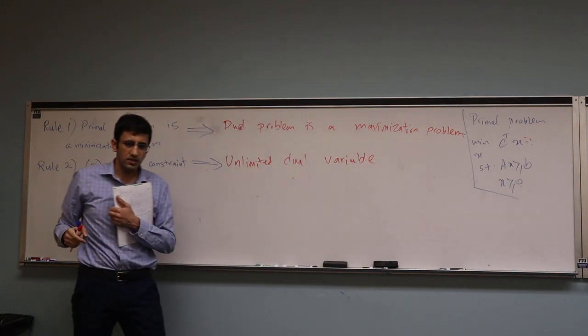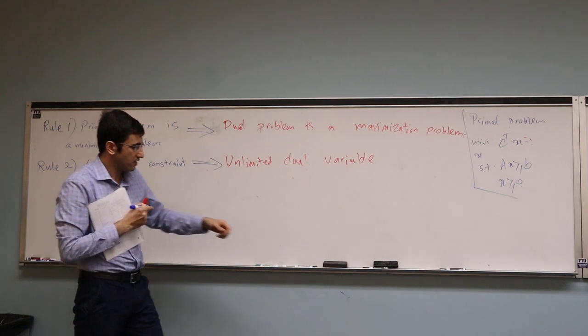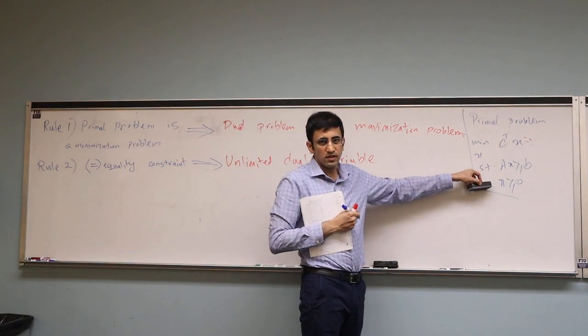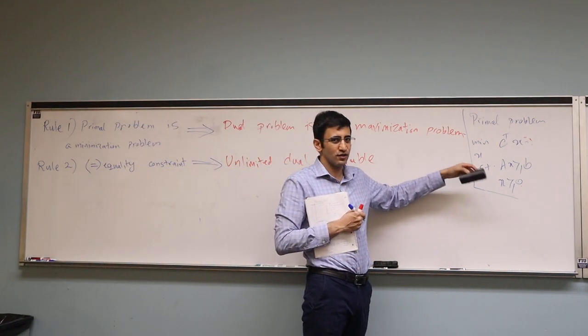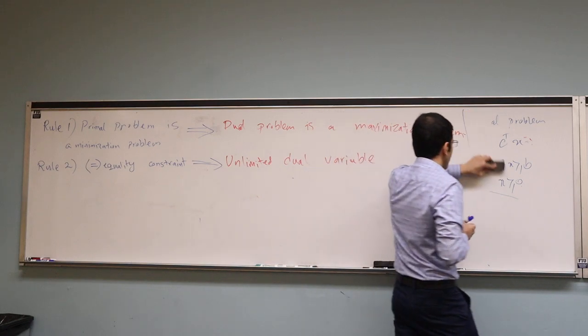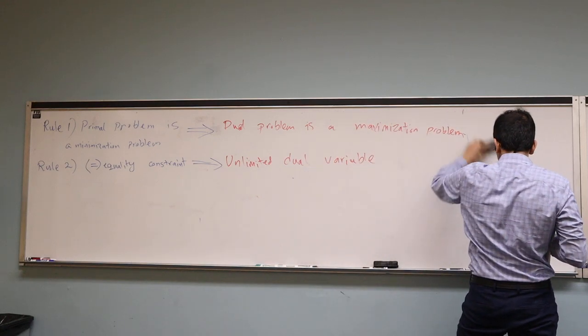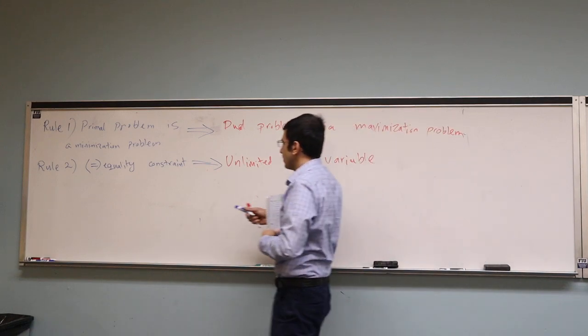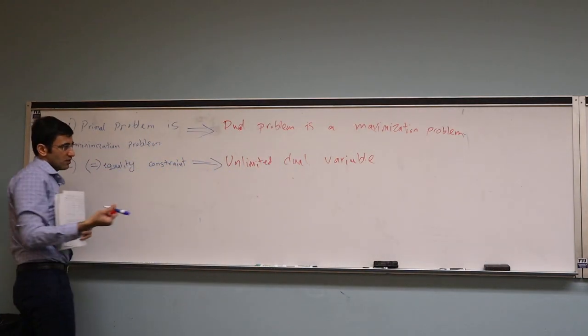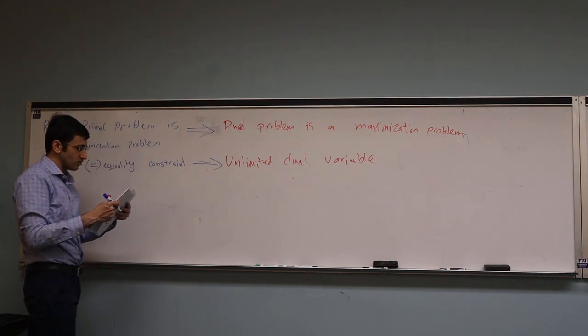If you recall, in the example that we solved, we didn't have an equality constraint, so we had to make sure that all of the Lagrange multipliers were positive. But if we have equality constraints in the primal problem, it means I need the lambda to be an unlimited variable in the dual problem.